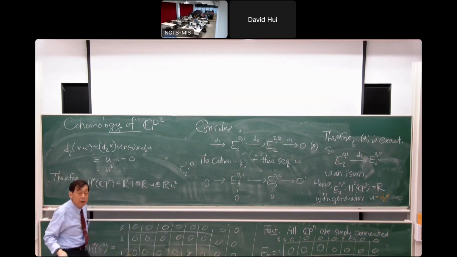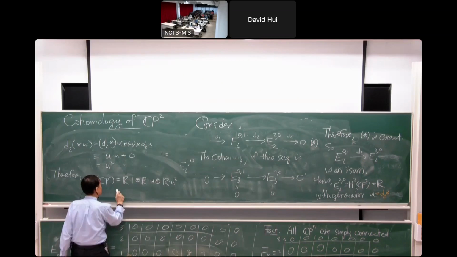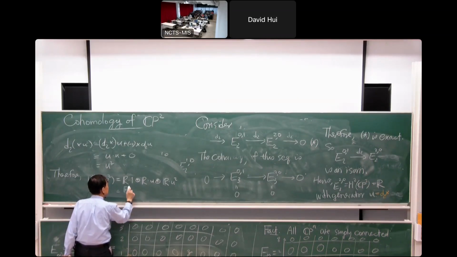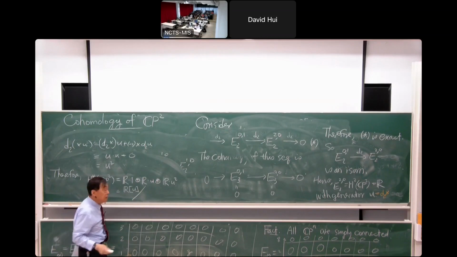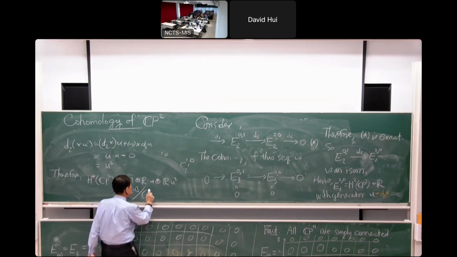So you can write that as the polynomial ring R[U], and then you quotient out by U cube.